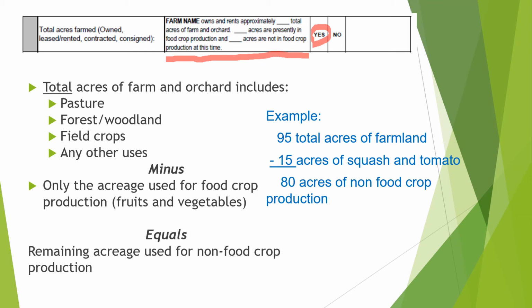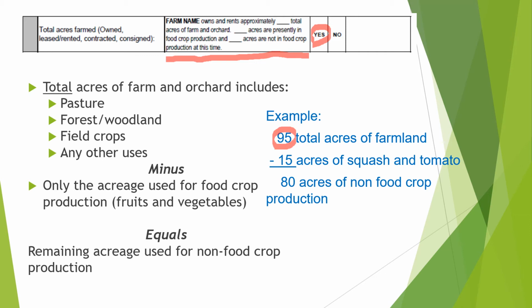We're going to base our answer on a farm of 95 acres of total farmland. Acres of farm and orchard include pasture, forest and woodland, field crops, and any other fields used. So the first sentence would read, this farm owns and rents approximately 95 acres of farmland.